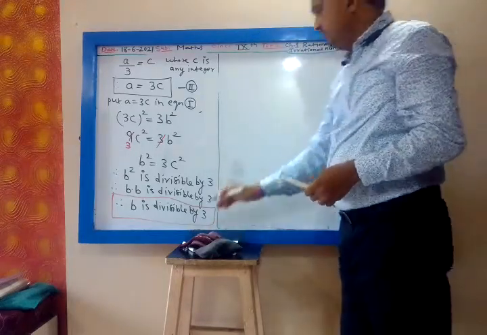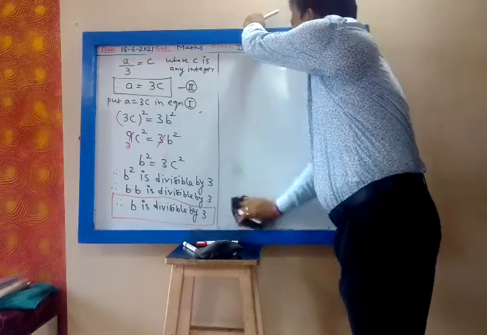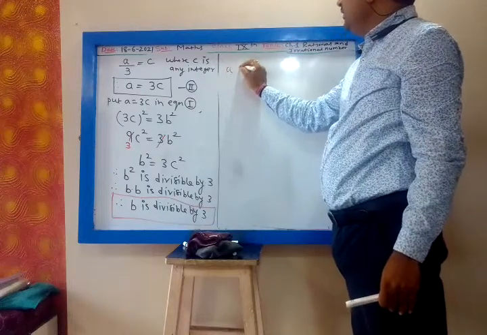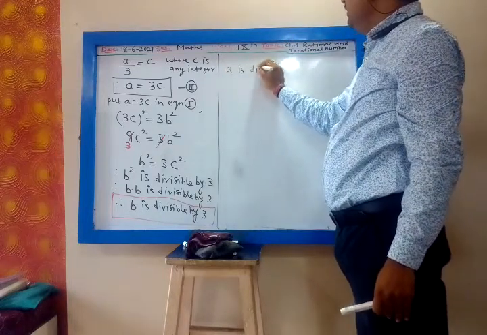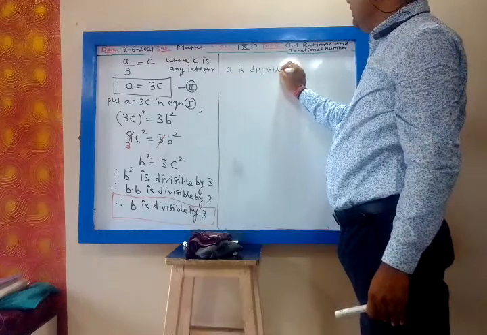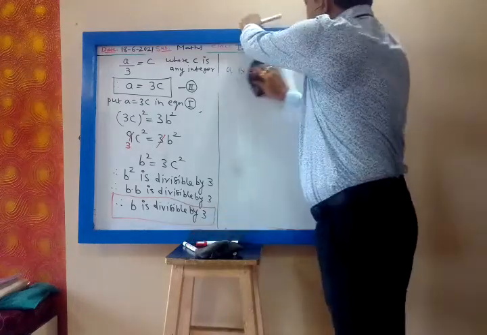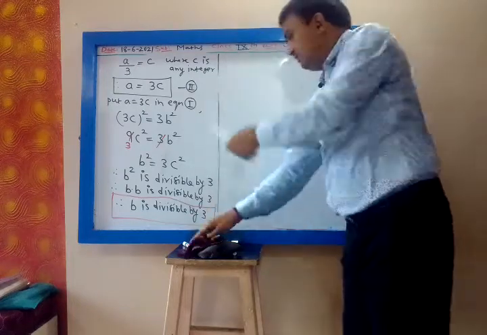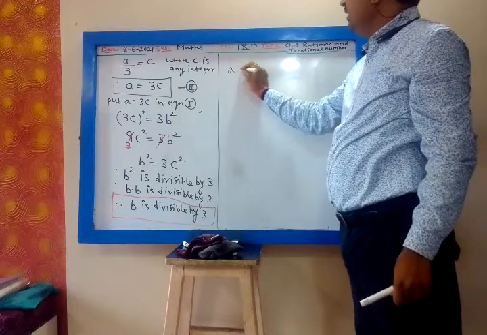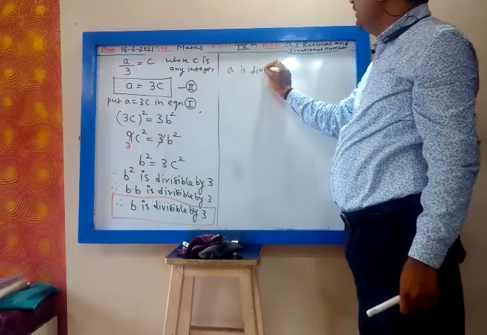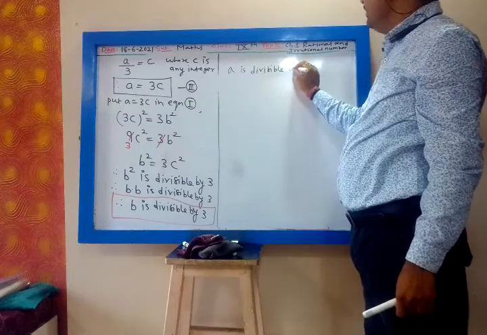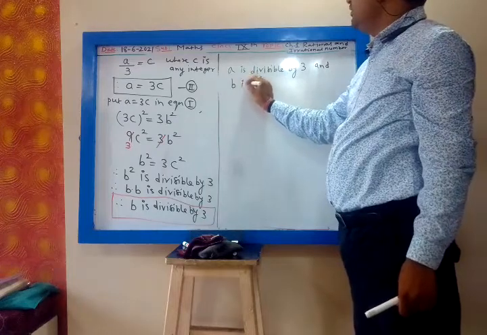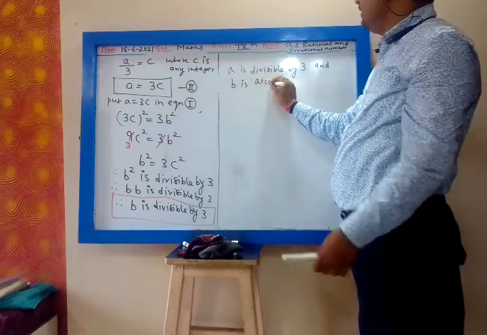So we write A is divisible by 3 and B is also divisible by 3.